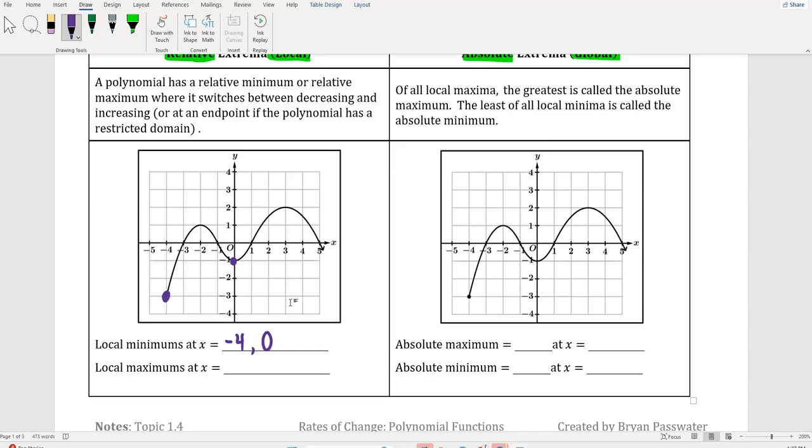I just about wrote down -1 because that dot's right there beside -1 just screaming for me to write it down. But it's not -1 because you have to look at the x coordinates, right? And that would be it for your minimums. And then your local maximums are at x equals -2 and x equals 3.